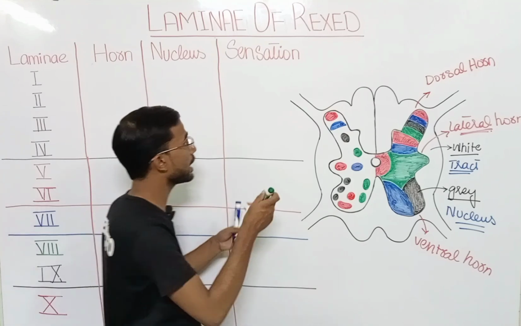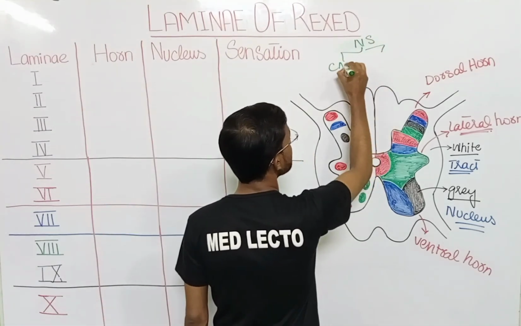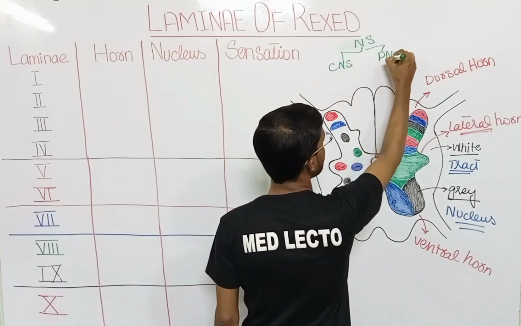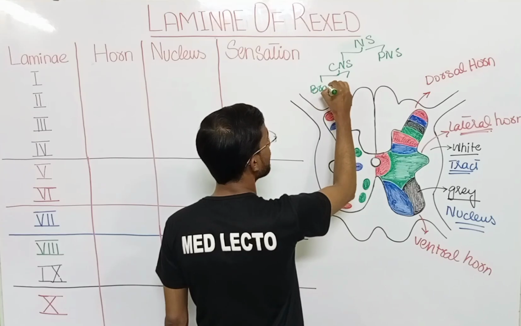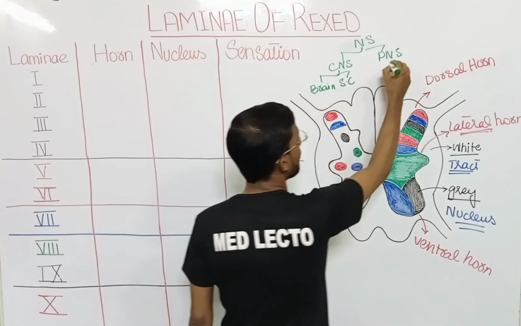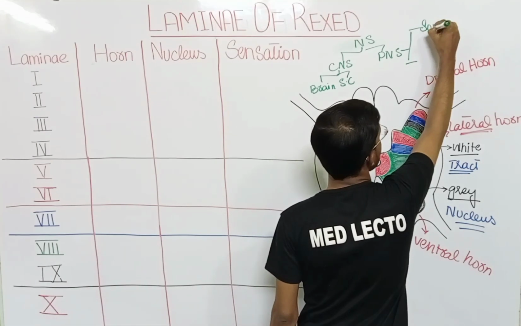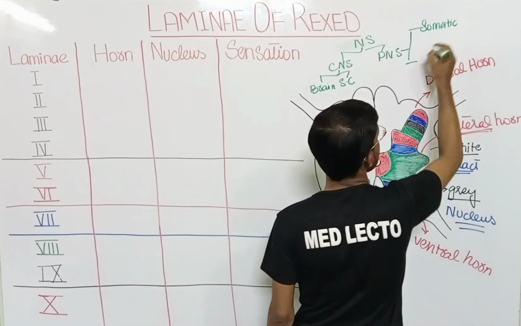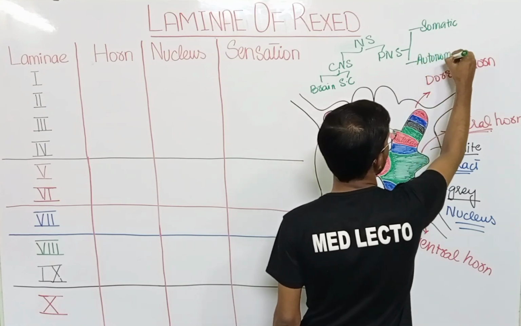Here, we divide the nervous system into two: the central nervous system and the peripheral nervous system. In the central nervous system, you will see the brain and the spinal cord, but in the peripheral nervous system, you will see the somatic nervous system and the autonomic nervous system.